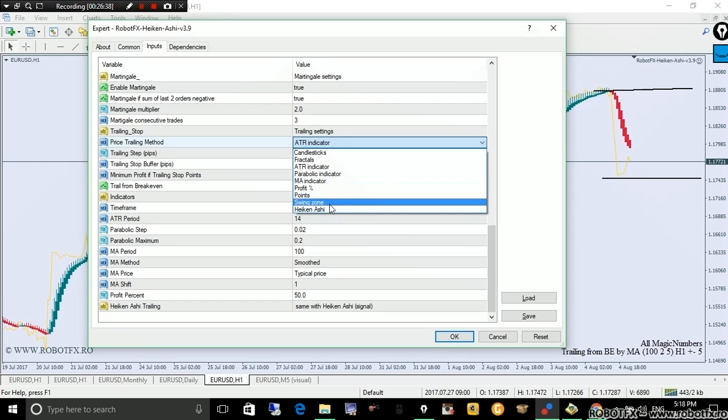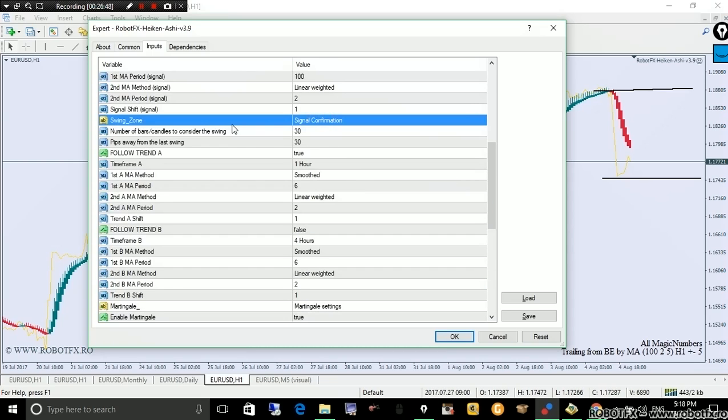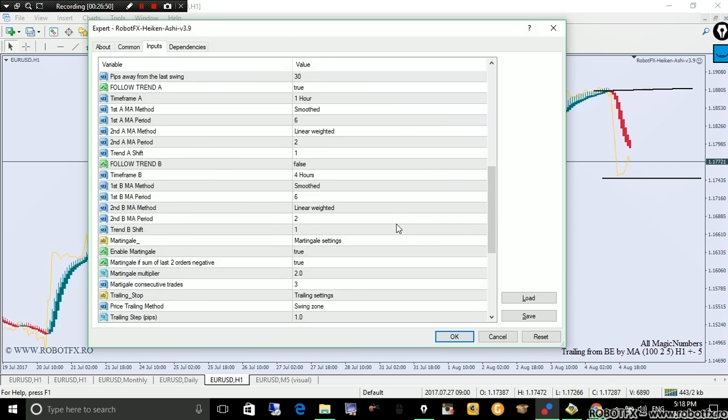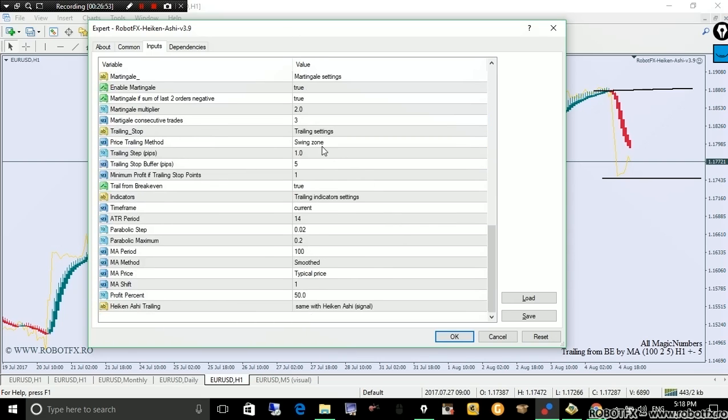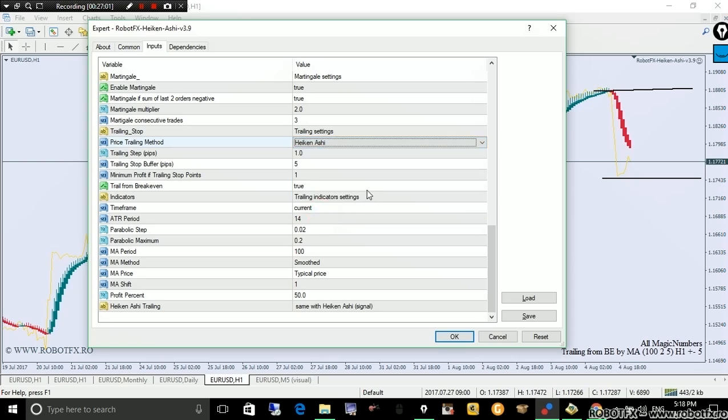Moving average, profit points, swing zone, and Heiken Ashi. Yes, we have the option to use the same swing zone that we use for confirmation, the trade signal. We can use that to trail the price, and we can also trail the price using the same Heiken Ashi indicator.